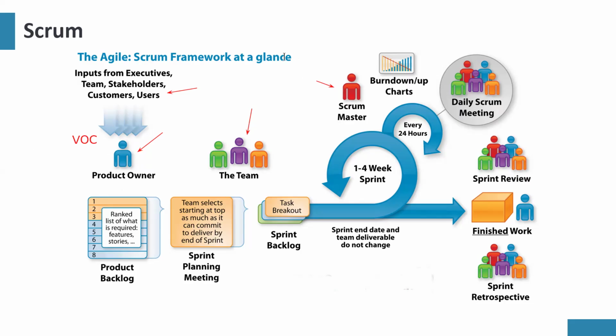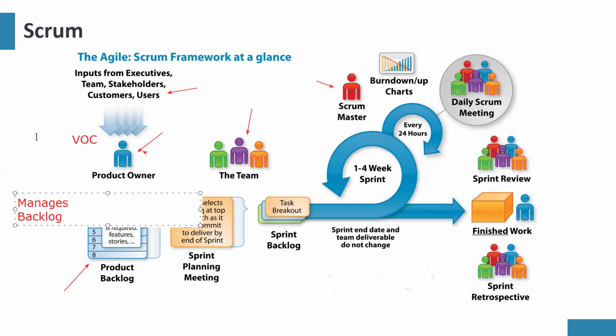And therefore, the product owner is the person that creates a product backlog. So the product backlog is a list of features we want to see in the software. But the product owner manages the backlog, and it's important you understand what manages means.